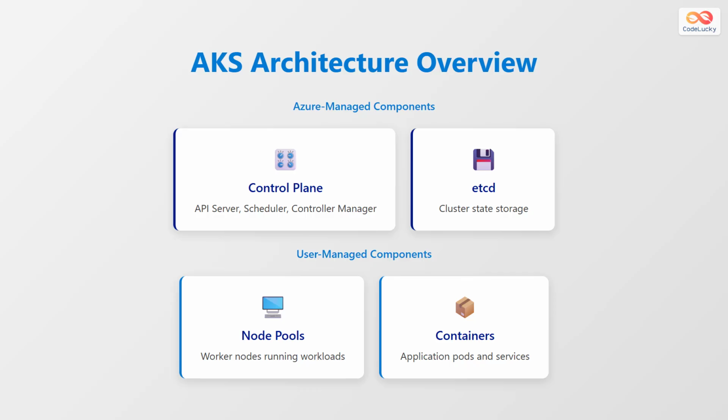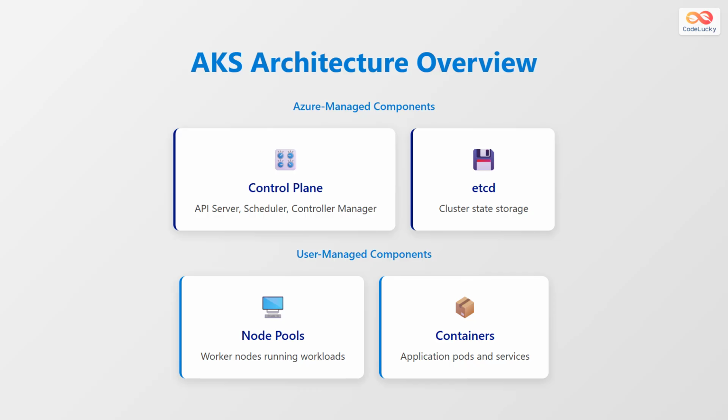Understanding the architecture of AKS is crucial for effective management. The architecture is divided into two main categories. First, we have Azure Managed Components. These include the control plane, which consists of the API server, scheduler, and controller manager. The control plane orchestrates all cluster operations. Also managed by Azure is etcd, which is the distributed key-value store that maintains the cluster's state.